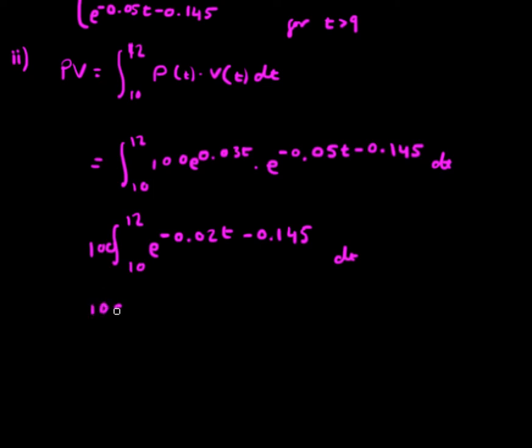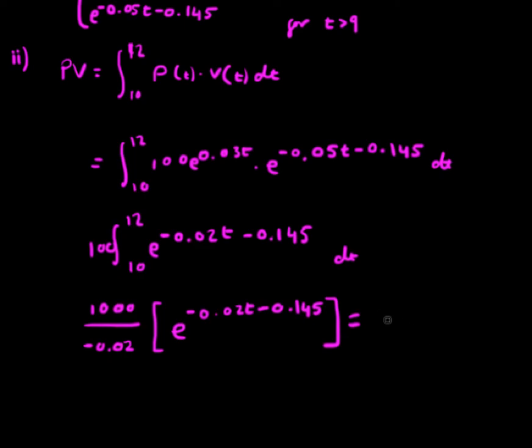So that'll be 100 divided by negative 0.02, because there's no t's attached to that, we can just keep it on the outside, and we just keep the function by itself, e to the negative 0.02t minus 0.145.